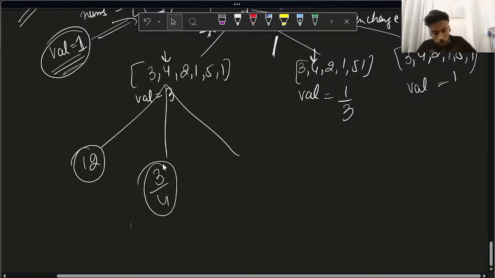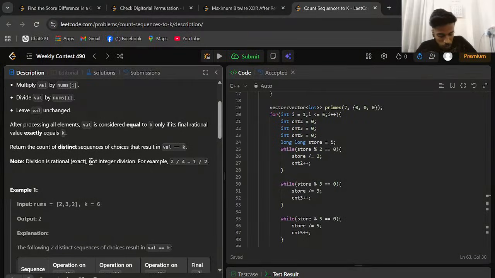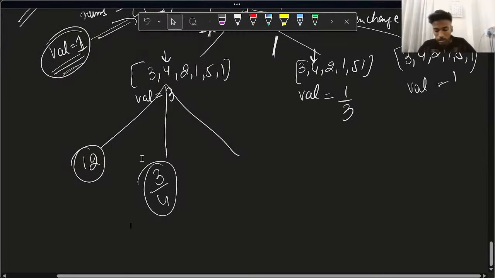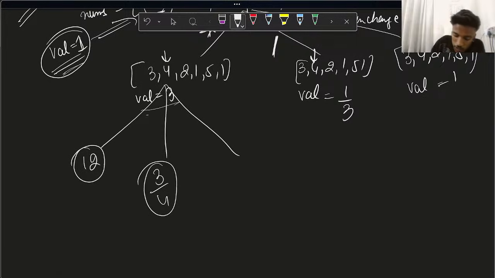Doing 3 by 4 won't give you 0, it is actually 0.75. Make sure it is not integer division. It is exact rational division. Finally, if I leave it unchanged, val remains 3.